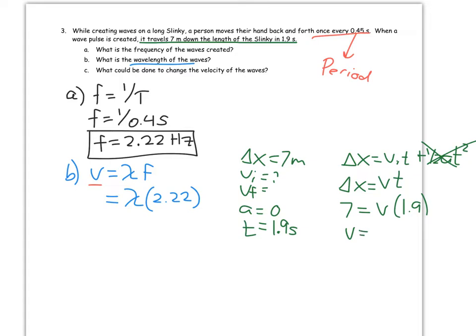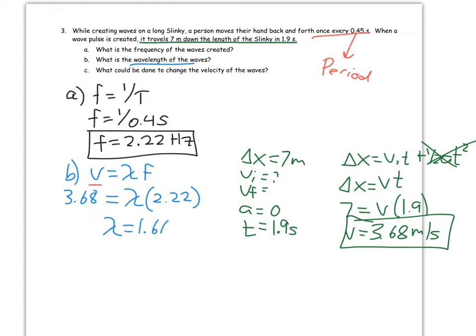So we end up getting a velocity for these waves of 3.68 meters per second. So we can then take that and use that velocity, 3.68, to solve for our wavelength. So we divide by the 2.2, and we get that our wavelength here is going to be 1.66 meters.